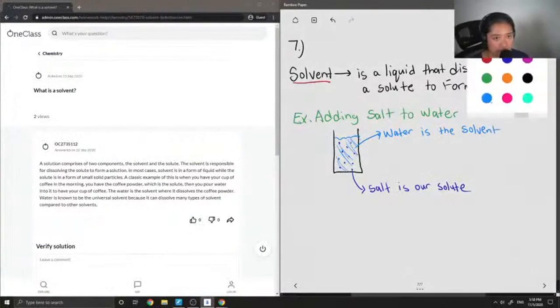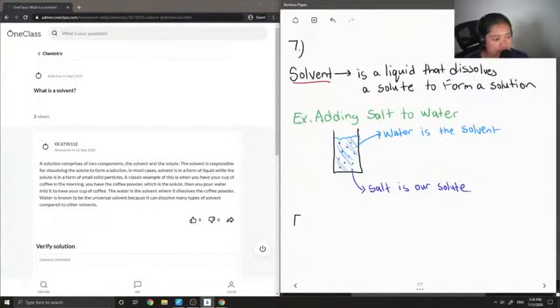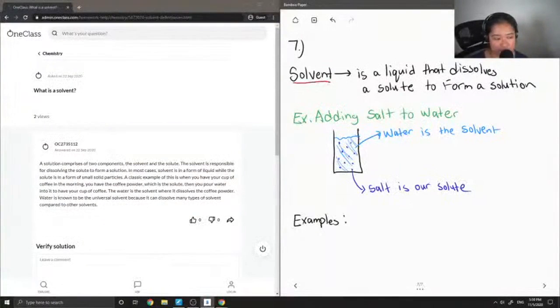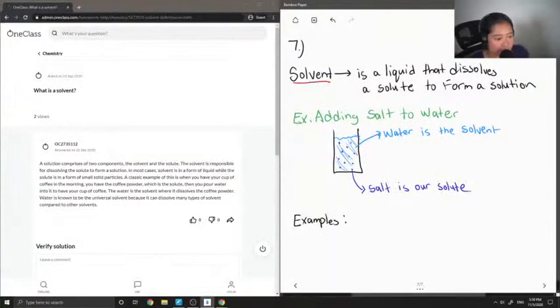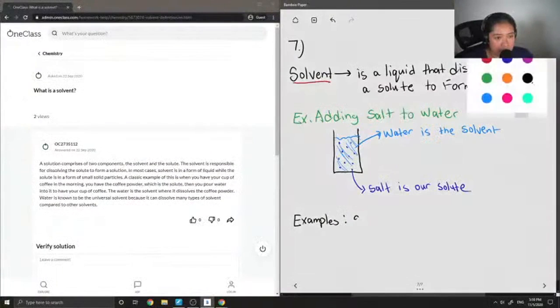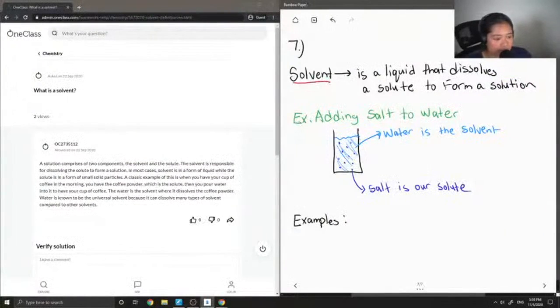So there's also a lot of other examples of solvents, and when you start to do more reactions, you'll notice that some solvents need to be non-polar, some solvents need to be water. So some examples of solvents are, well, I'll just put water.